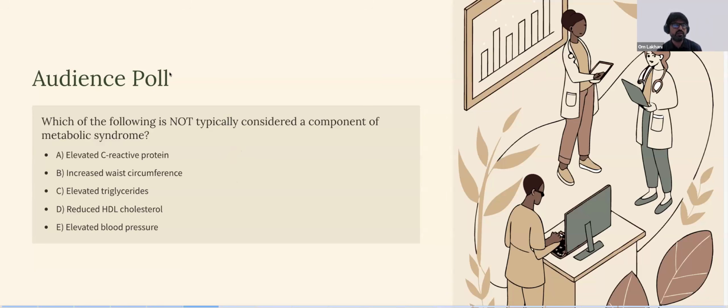Okay, so we're taking this poll question. Remember, elevated hsCRP, or elevated C-reactive protein, though a very important marker of chronic inflammation, is not a marker of metabolic syndrome or insulin resistance. Try and understand this. There are two things.